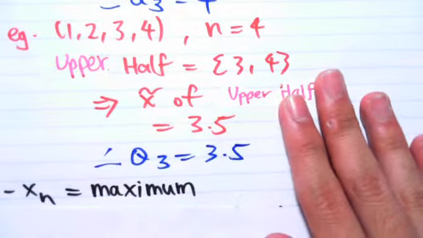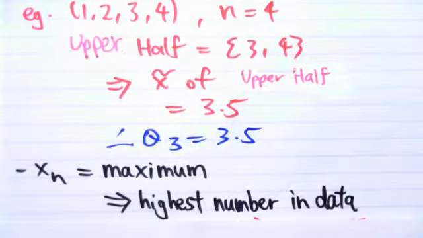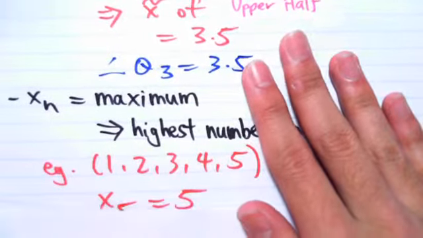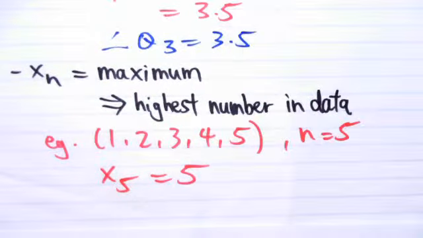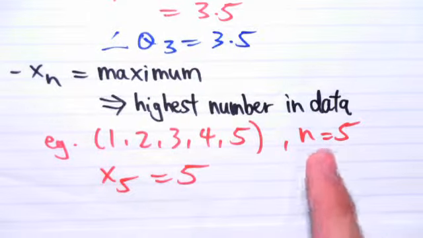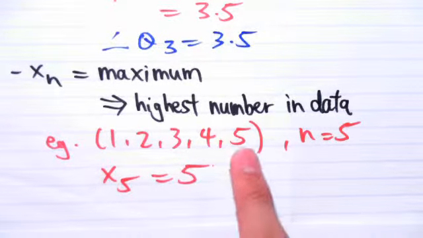Next number we're going to go through is called the maximum, xn, and that's defined as the highest number in the data. If we went through our data set of 1, 2, 3, 4, 5, with sample size 5, the maximum number is just 5, because this is the highest number in the set.